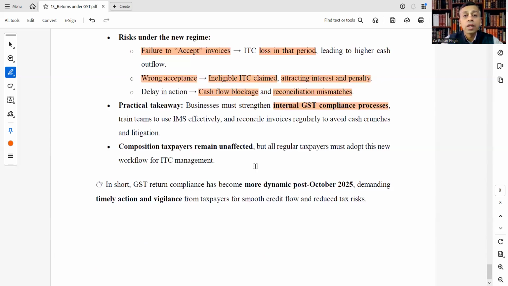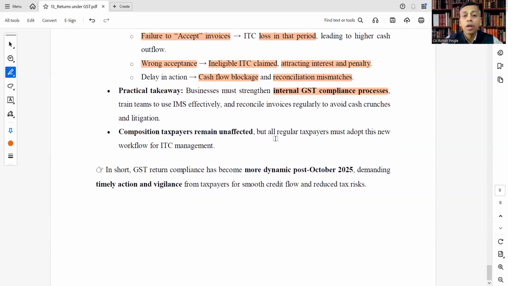Composition taxpayers remain unaffected, but all regular taxpayers must adopt this new workflow for ITC management. In short, GST returns compliance has become more dynamic post October 2025, demanding timely action and vigilance from taxpayers for smooth credit flow and reduced tax risks.